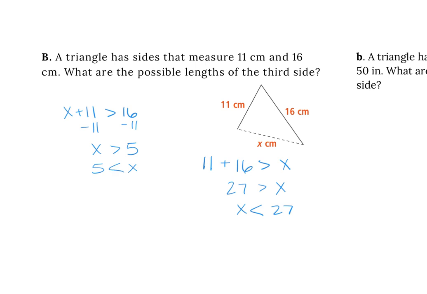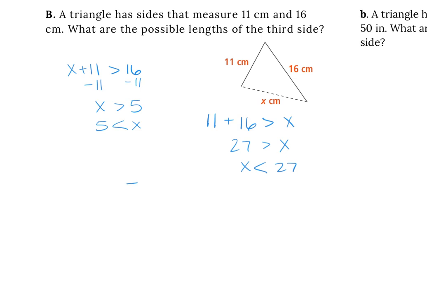It was opening toward my x, and it still is. Now I can just squish this all together. So my 5 is less than x. Well, they're the same x's. So then x is less than 27. So that means that x has to be somewhere between 5 and 27.